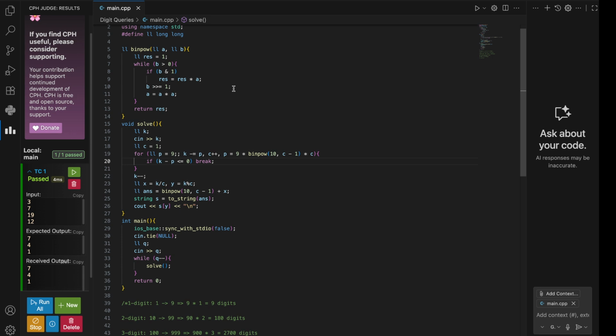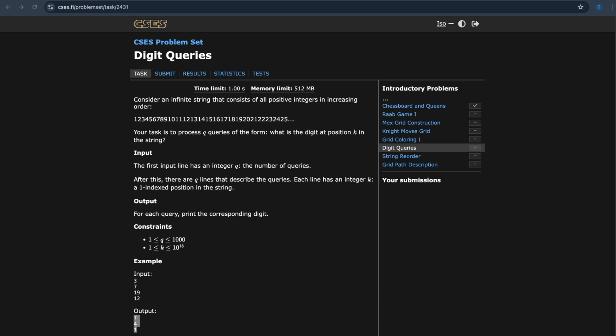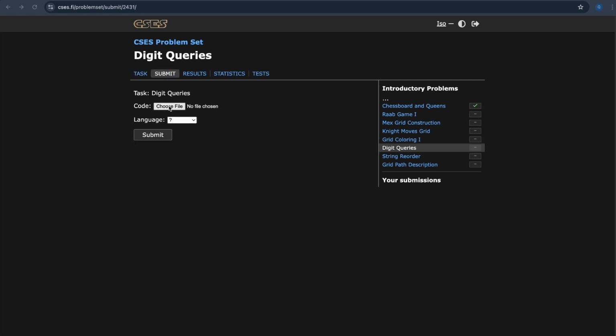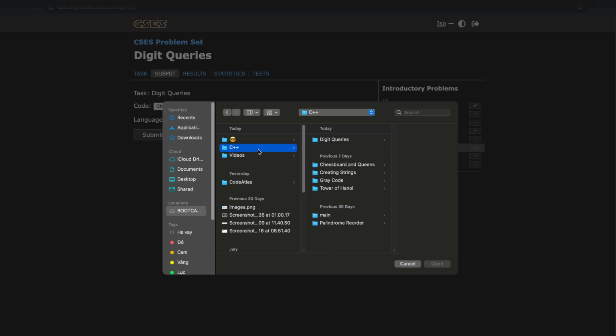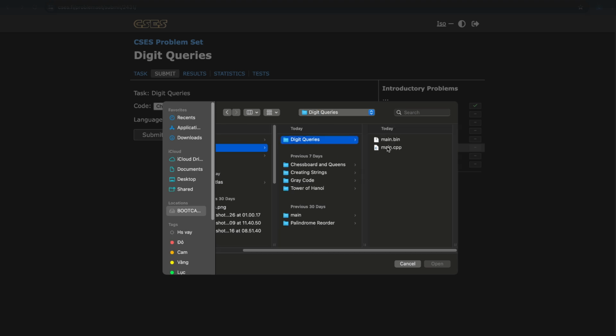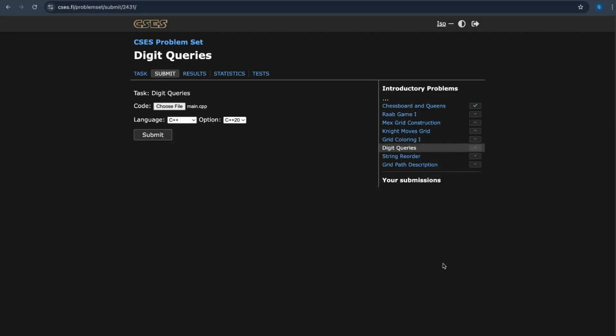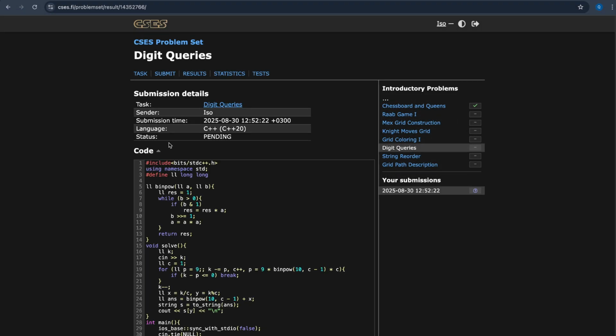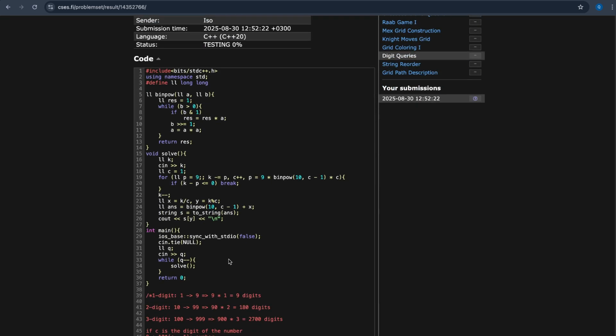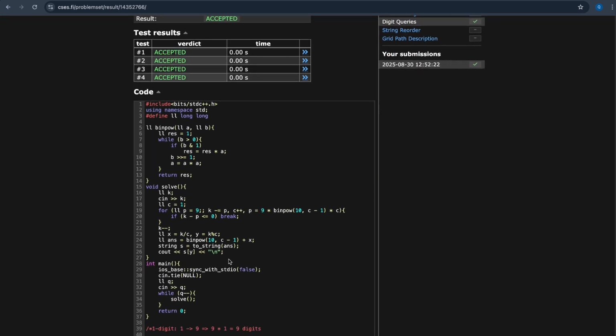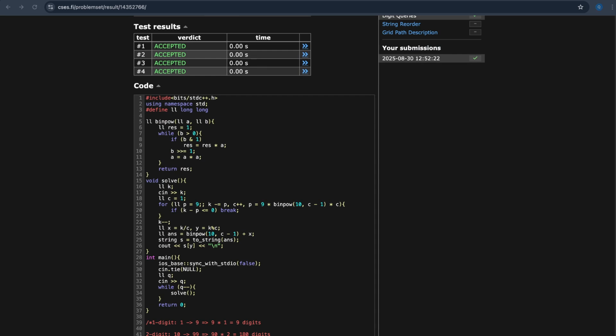And now I think I should submit this code. So that is the solution for the digit queries problem on CSES.